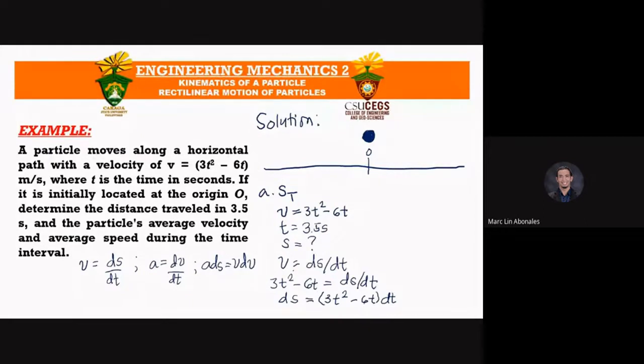So for us to solve this equation, ang atong ma-apply is integration for us to remove the d, because naka-differential pa man na nga to ang position. So we need to integrate this one. We integrate each side sa tong equation.